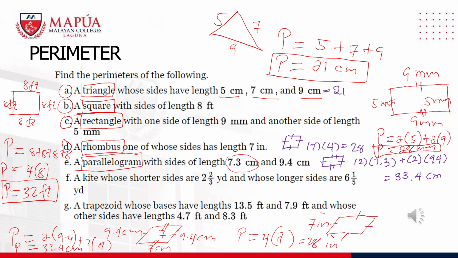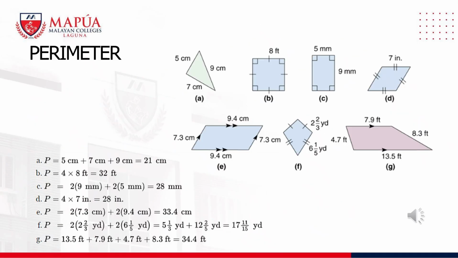Okay, so that's it. You just continue this, class. The other problem talks about a kite and a trapezoid. So just study the picture of a kite and the trapezoid, and then calculate the perimeter. Okay, so I'll move to the next one. So you can see here, class.